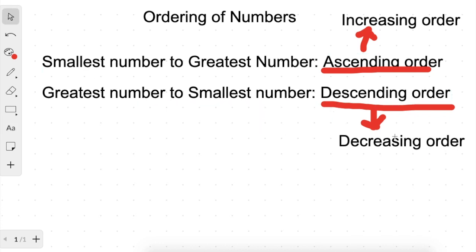So this is how we arrange numbers. Now let me just take an example here and then we'll arrange those numbers in ascending and descending order.